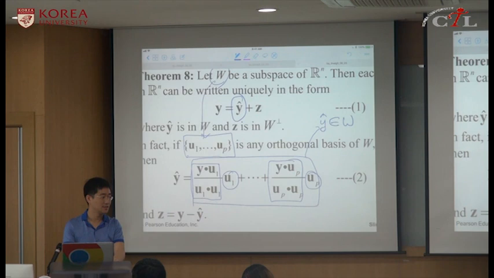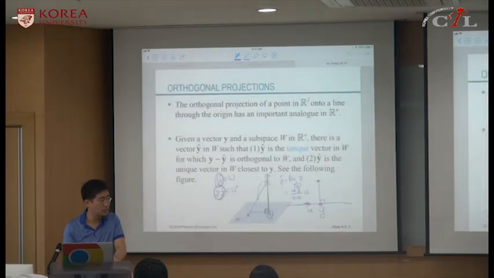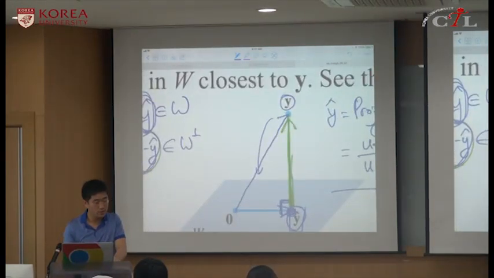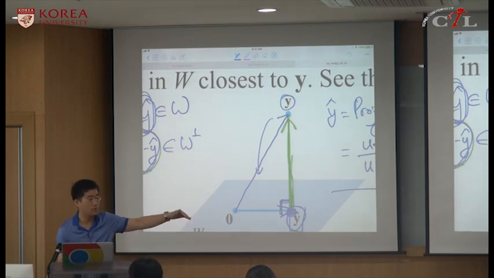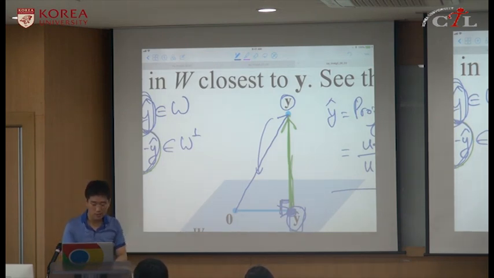Y hat belongs to W, right? Because it's a linear combination of the basis vectors of W. And then what other conditions should we satisfy? Okay, that condition is as follows. If this guy was our orthogonal projection, then that point should not only belong to W, but also this second component, y minus y hat, should be orthogonal to our subspace, right?